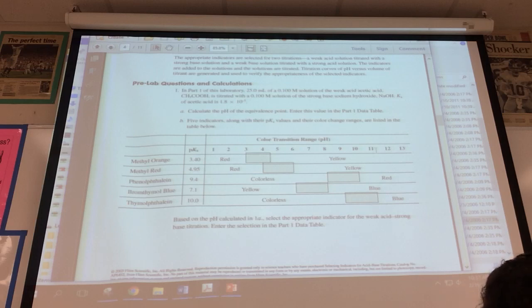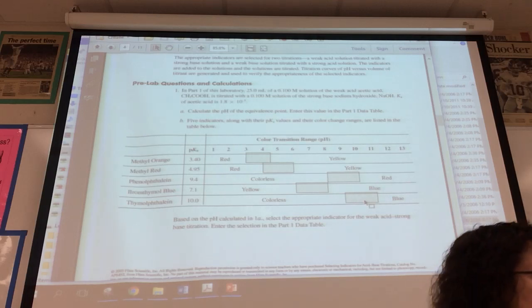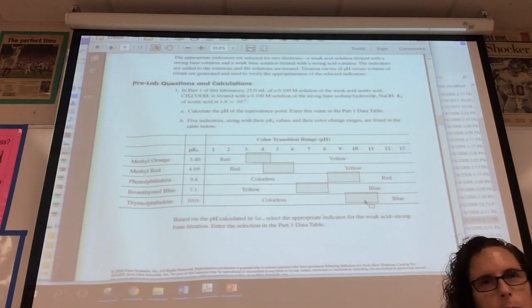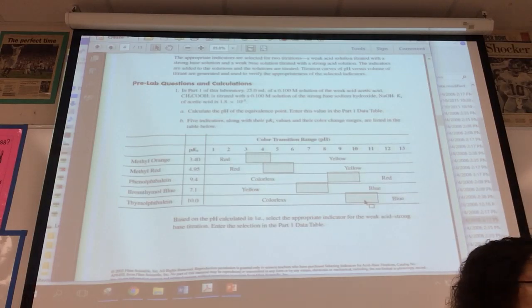Or you can say the pH of 10 falls within the pH range of 9 to 11 for thymolphthalein, and this equivalence point pH would be observed in the form of a color change from colorless to blue, or in this case it probably would be light blue because it's some sort of in-between color there.